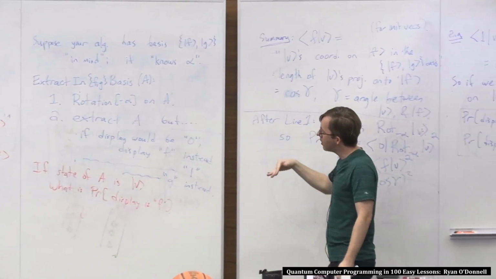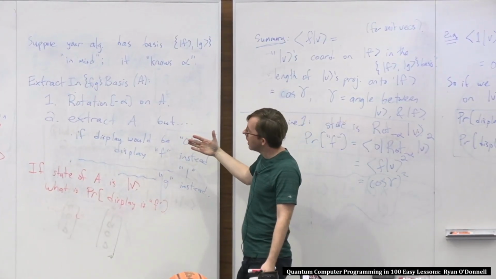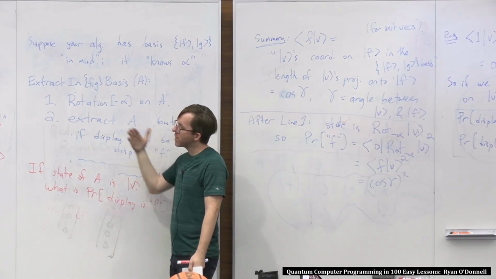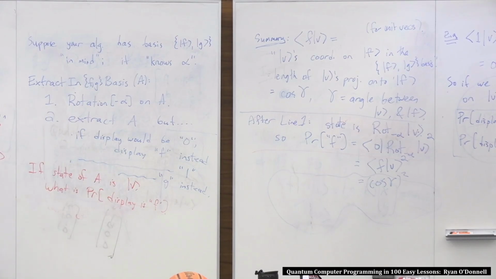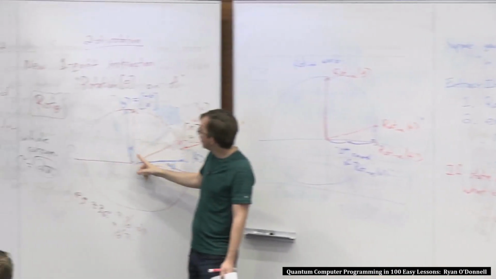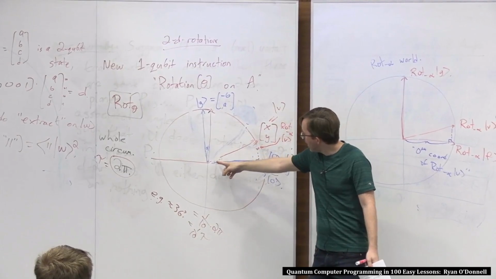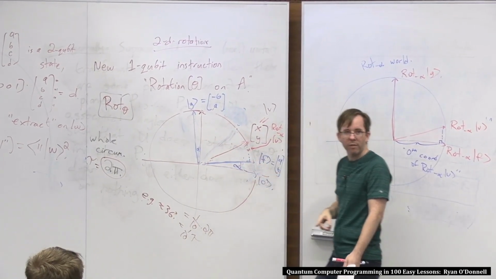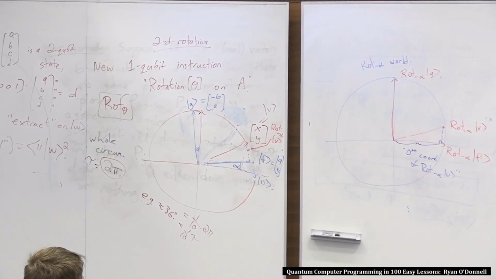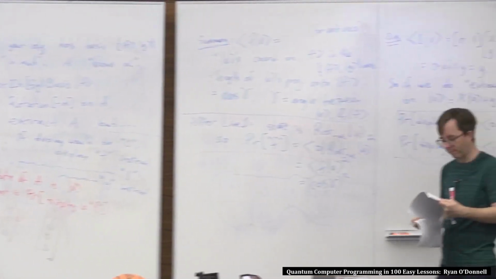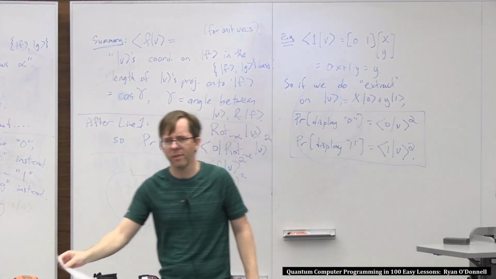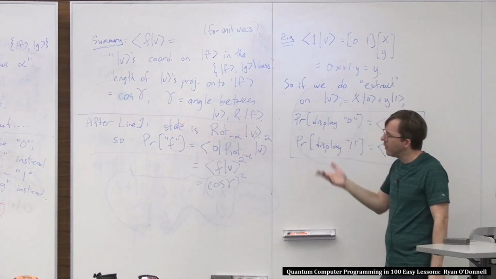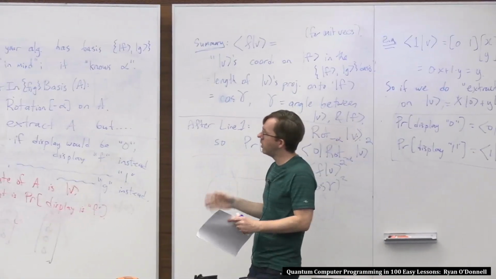It gives you outputs where you 100% get output F if your state vector V is F. You 100% get output G if the state of your qubit is G. And if you're like this V, mostly in the direction of F and only a little bit in the direction of G, then you have a high probability of outputting F and a low probability of outputting G. Any questions about this? We're going to use this tiny subroutine a lot, even though it's very simple, because it has some nice geometric meaning.